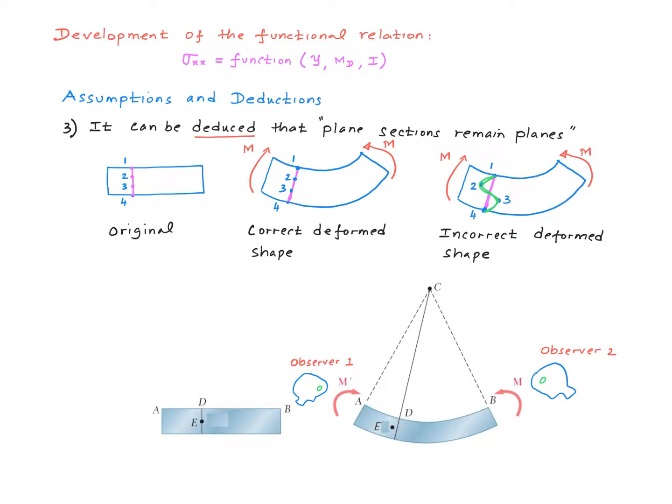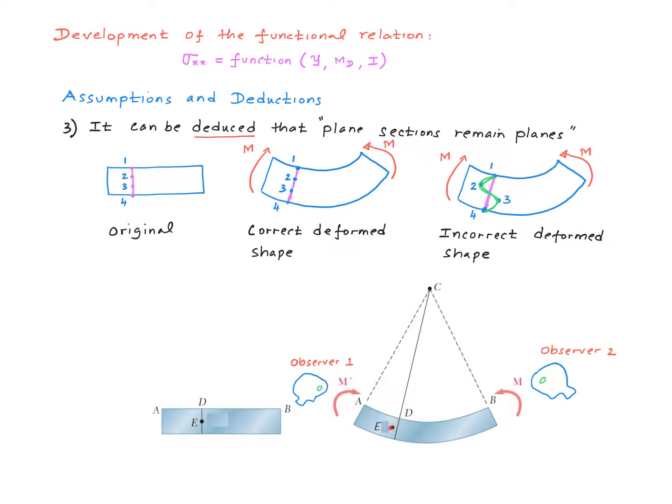But because of symmetry, we have bending moment M here, bending moment M there, right? The cross section over here is identical to the cross section over there. And therefore, what observer 1 sees is identical to what observer 2 sees, right? And therefore, logic tells you that if observer 1 sees this point E moving towards him, observer 2 must see the same thing.